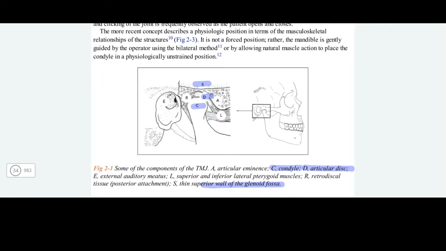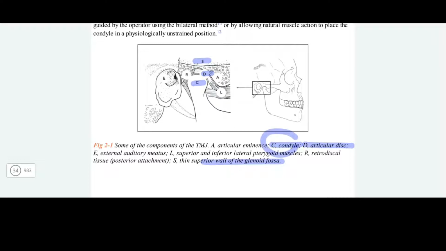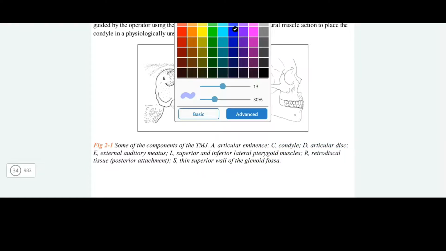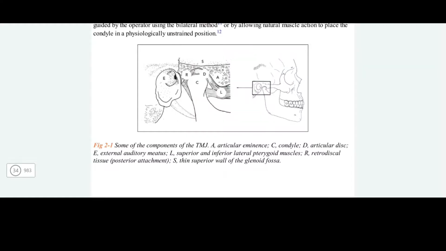This is the condyle, C. I'll explain it again with a different color. The condyle should be in the normal position, anteriorly and superiorly, braced with what?